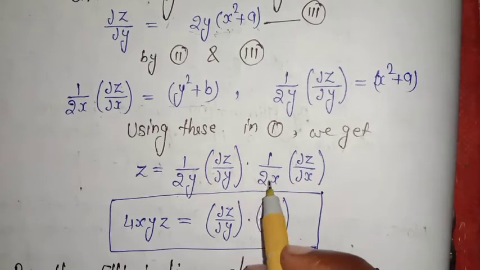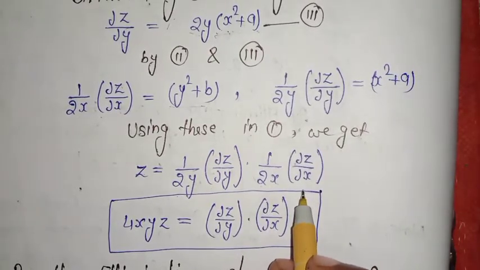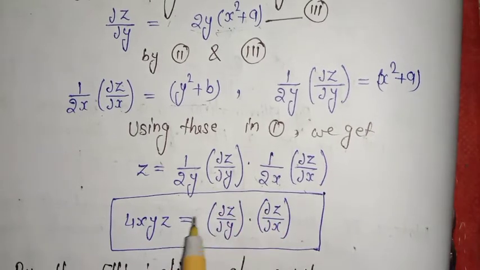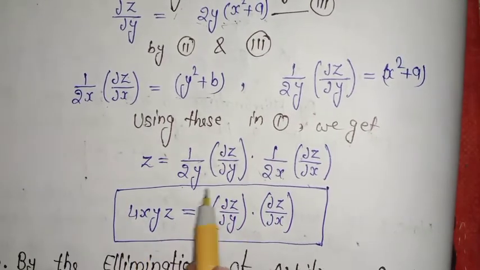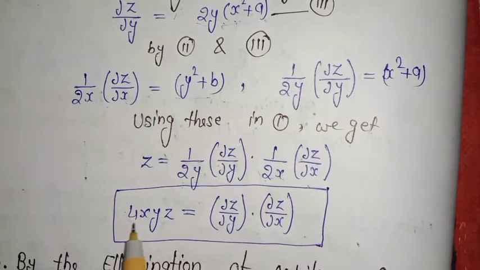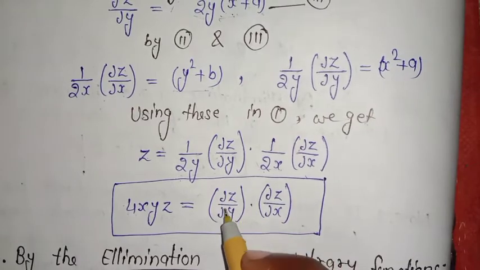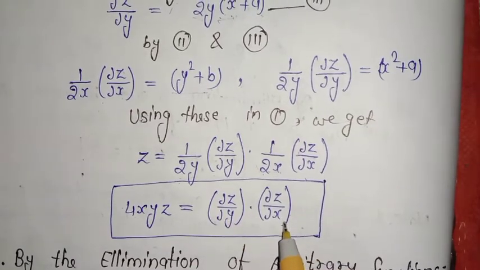Now if we simplify, this becomes 4xyz, because I am taking 2x into 2y to this side, so this becomes 4xyz. And at the right side we are getting ∂z/∂y into ∂z/∂x.